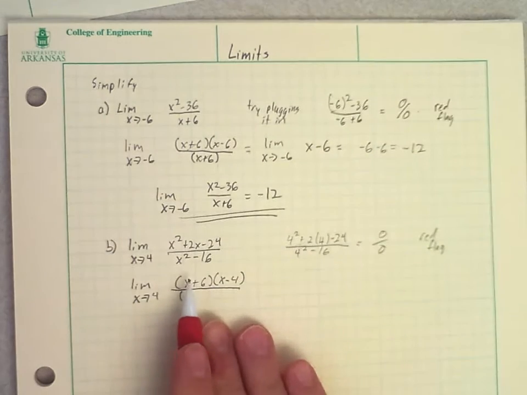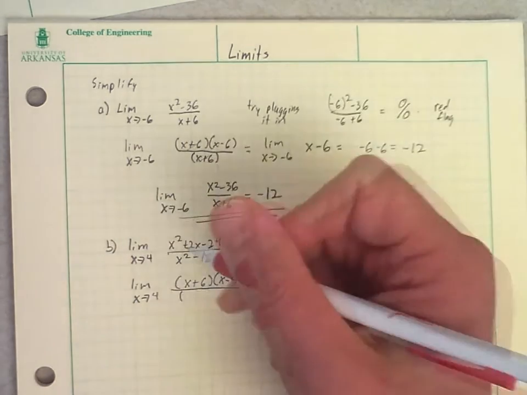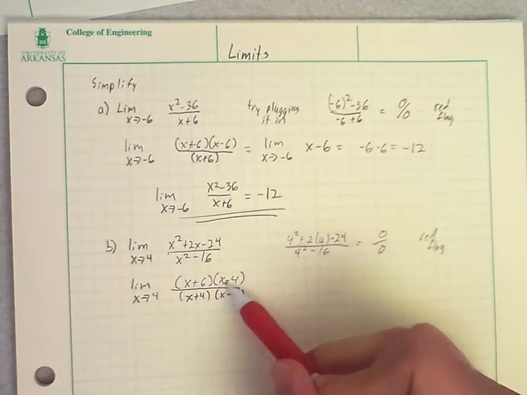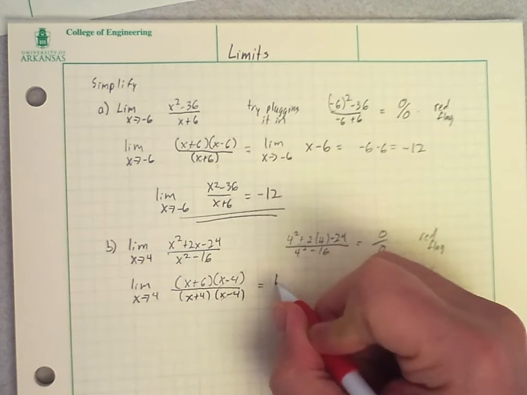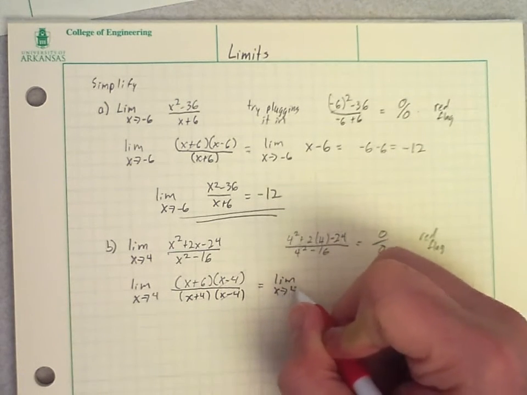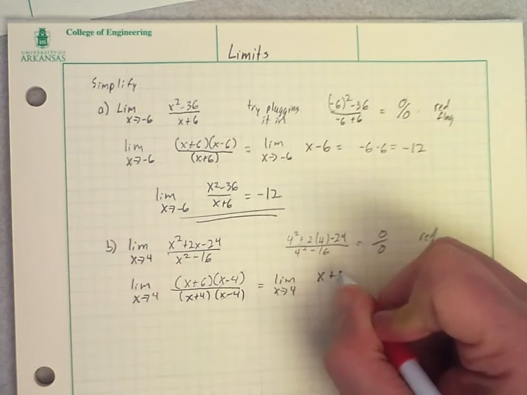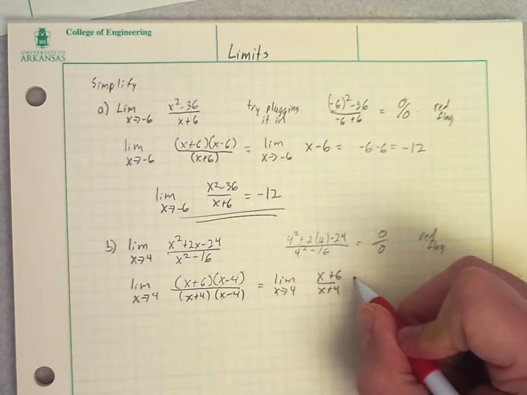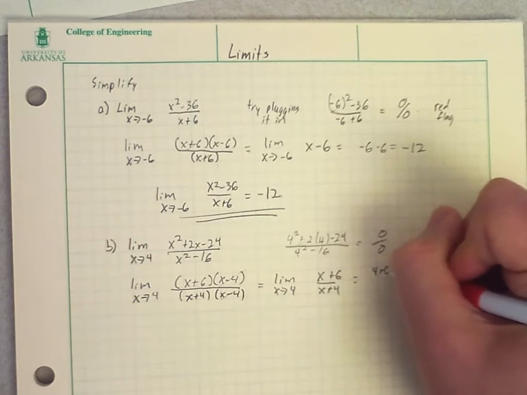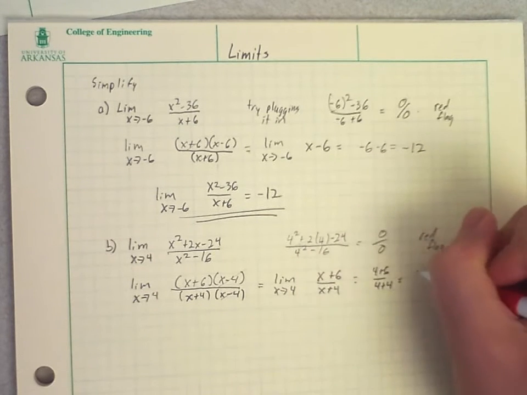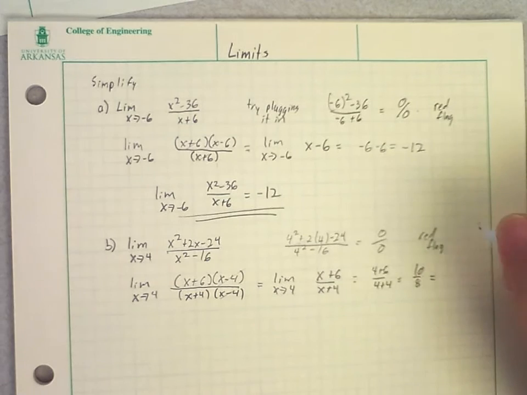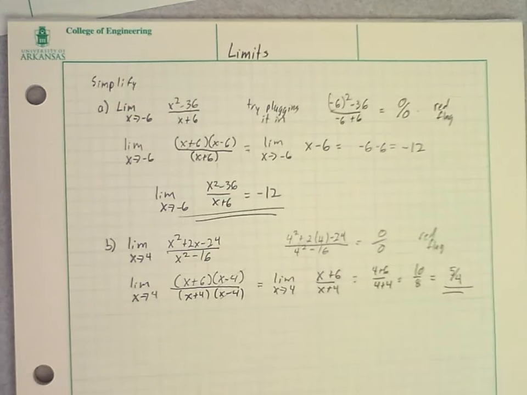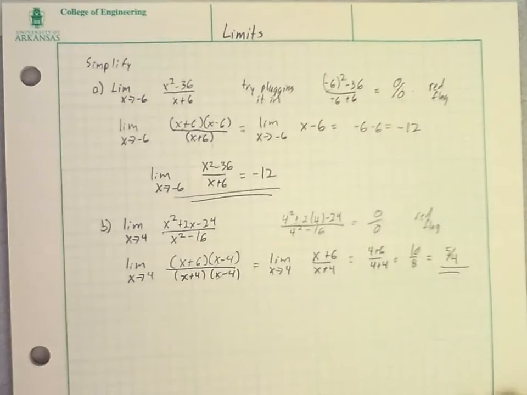The bottom is a difference of squares, so it's x plus 4 times x minus 4. I can cancel those off, so this is the limit as x approaches 4 of (x plus 6) over (x plus 4). Now I can plug in the numbers: 4 plus 6 over 4 plus 4, which is 10 over 8, equal to 5/4. Being able to factor makes things easy.